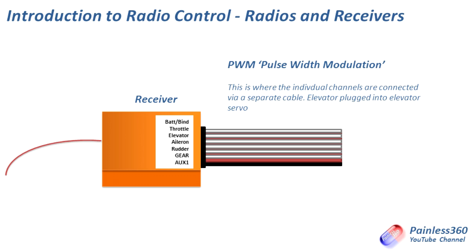So for example, if it was a plane, the throttle's going to go to the speed controller for the motor, then the elevator is going to go to the servo that controls the elevator at the back, the aileron is going to connect to the servos out in the wings that control the ailerons, the rudder again is going to connect to the servo at the back, which moves the vertical rudder, and then the gear and auxiliary switches will connect to whatever you want them to. It might be something like landing gear or lights or whatever.